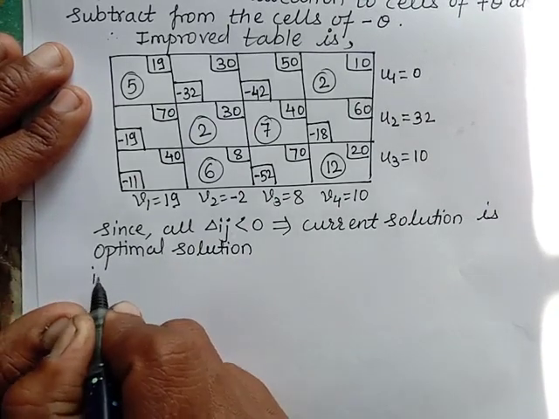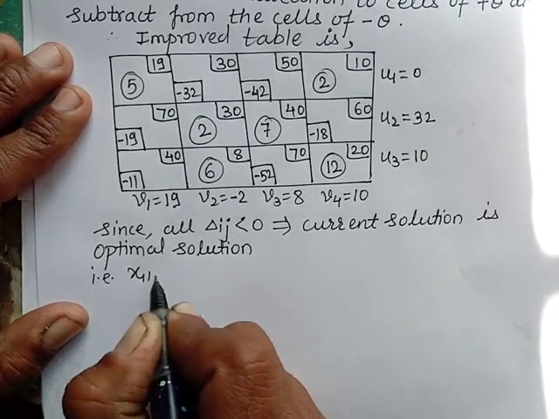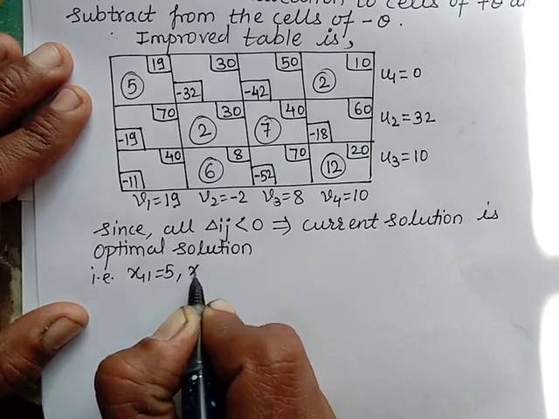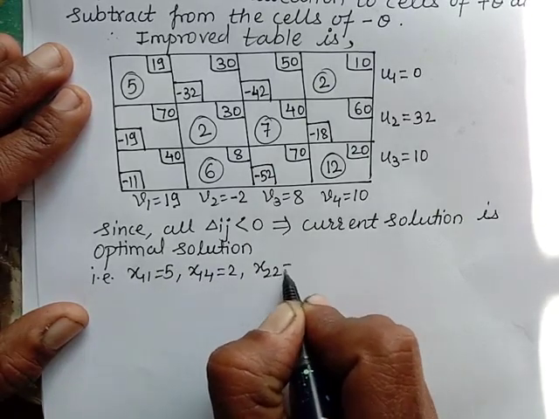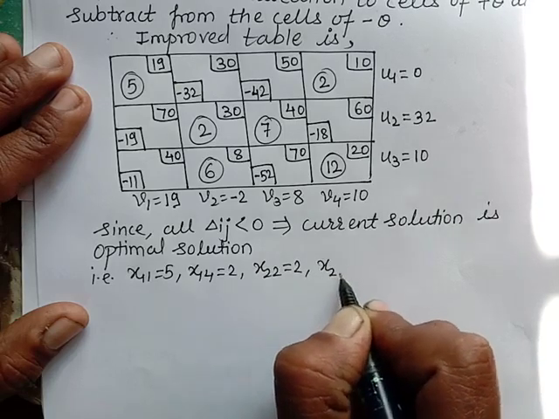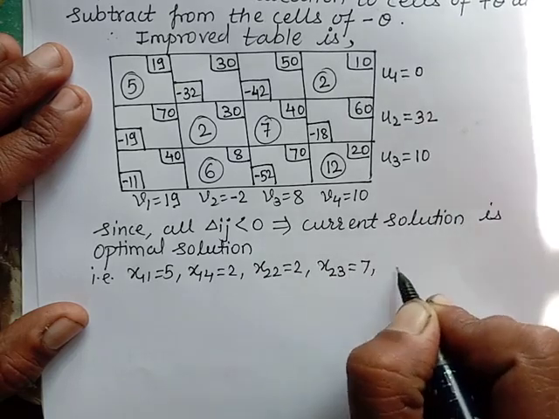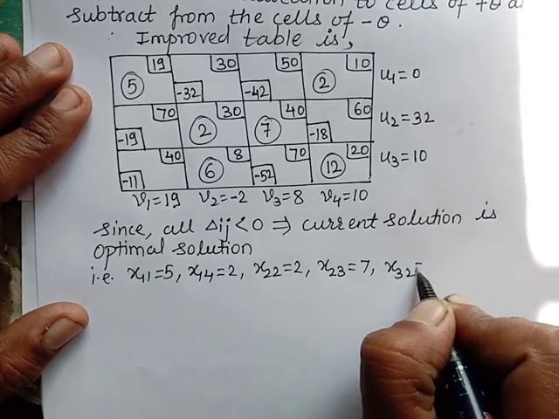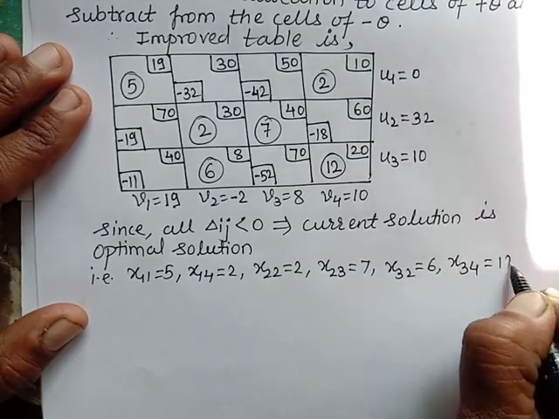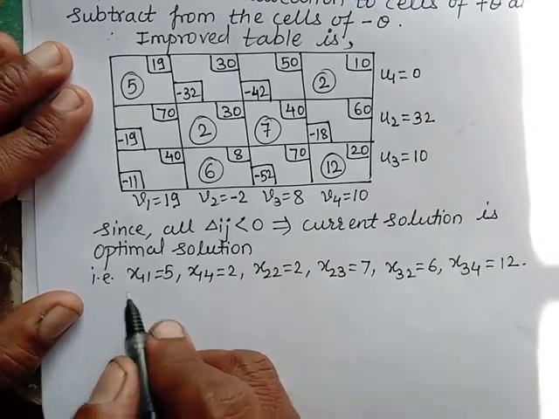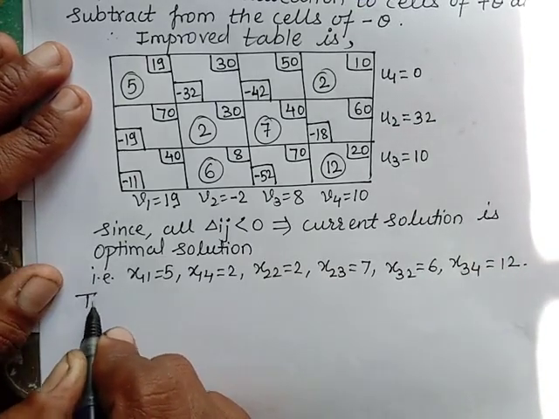That is, the solution is X11 is 5, X14 is 2, X22 is 2, X23 is 7, X32 is 6, X34 is 12.